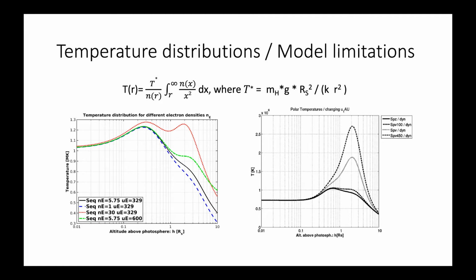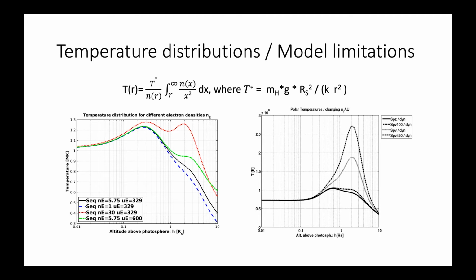And you can see a similar picture for the polar temperatures on the right-hand side graph, where for values of about half a solar altitude, the temperature differs based on how much velocity you measure at 1 AU.